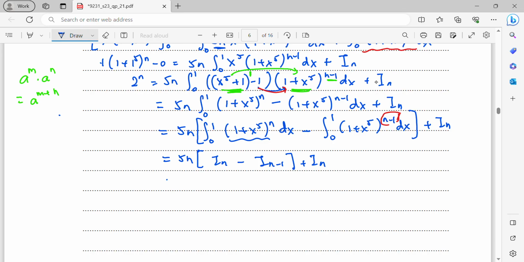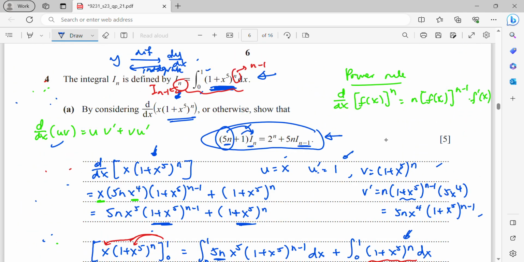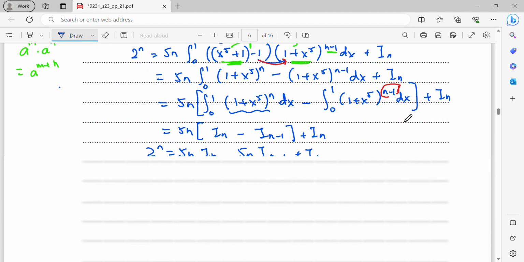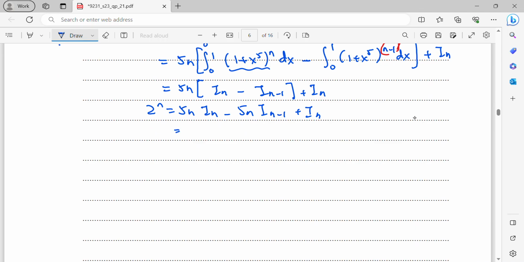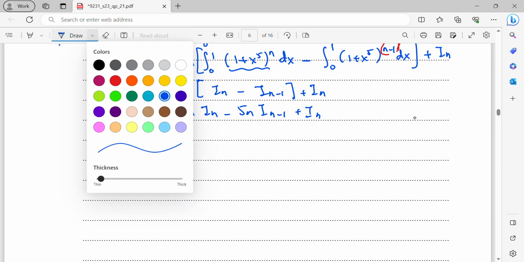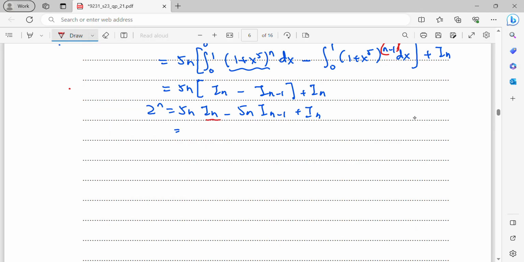Okay, so now I will do expansion. 5n I_n minus 5n I_{n-1} plus I_n. The left hand side is 2 to the power n. Then now look at the question here. You need to prove the I_n on left hand side, the rest of the terms on right hand side. So now I will factorize the I_n from the first and third term.